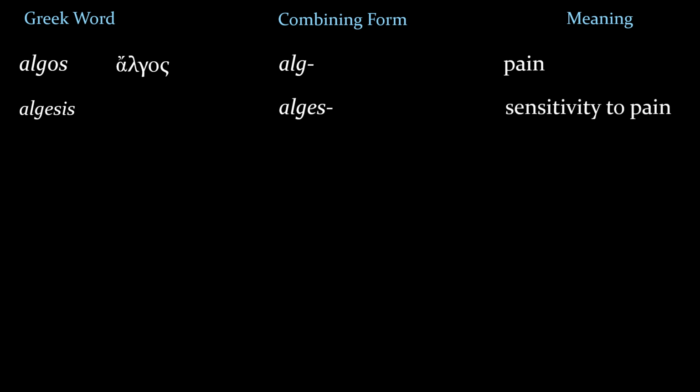We start with algos, which looks just like the Greek, algos. Its combining form is alg, and it means pain. Related to this one is algesis, and its combining form is alges, A-L-G-E-S, and this talks about sensitivity to pain. So these actually come from the same root. I'm not going to give the Greek for all of these.